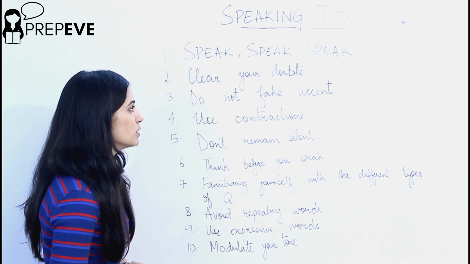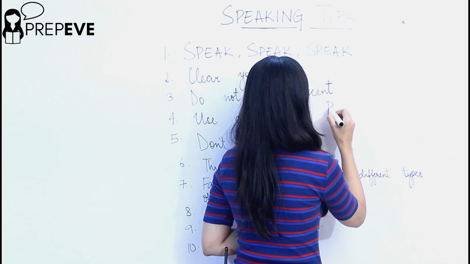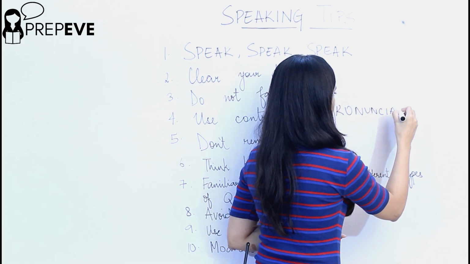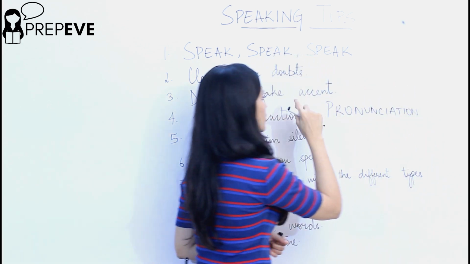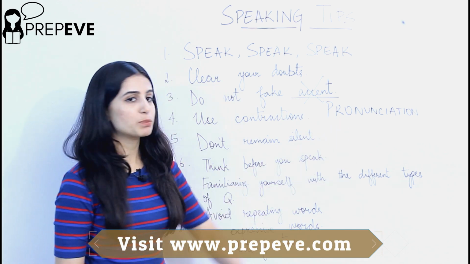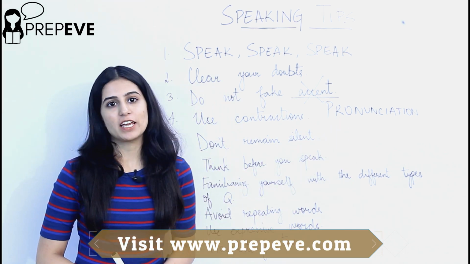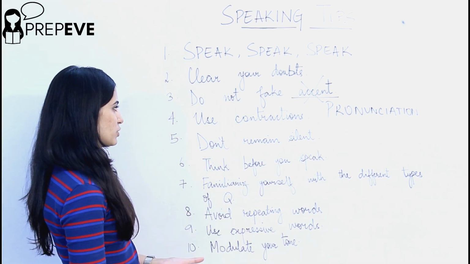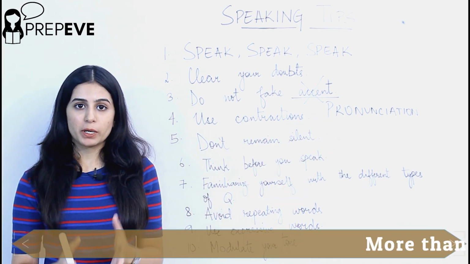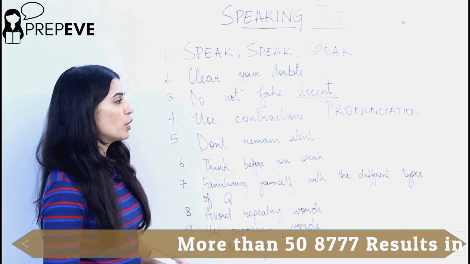What matters here is the pronunciation and not the accent. This is nowhere in the parameters, whereas pronunciation is definitely in one of the parameters. So be careful, be particular about your pronunciations. Do not worry about your accent.